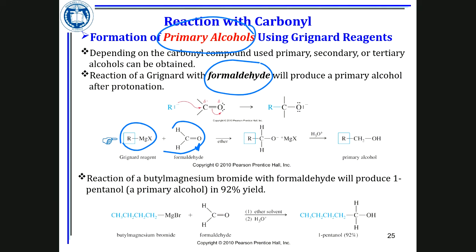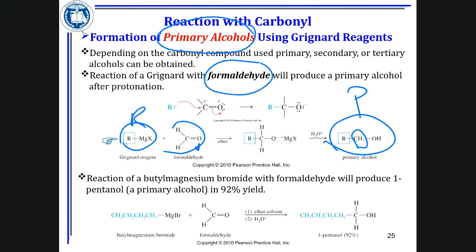This is your reactant, so Grignard would be the reactant. If you compare the reactant to the product, your product is the alcohol with addition of one carbon.